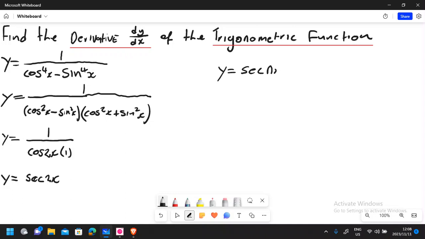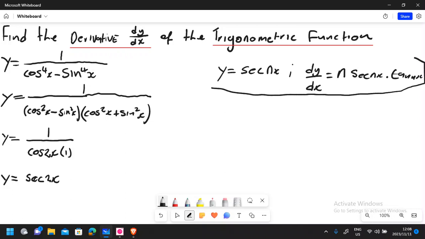The dy over dx of this is going to be n sec n x multiplied by tan n x. All right, guys, this formula is also there on your icon there. Go and watch this video about these formulas. I did explain them on that video on the icon there.